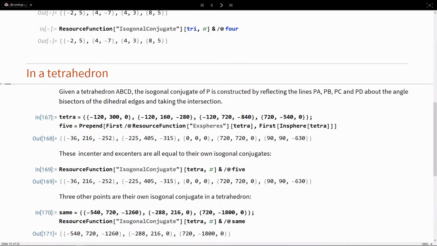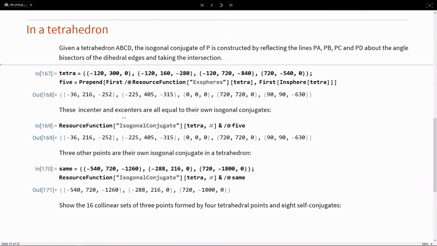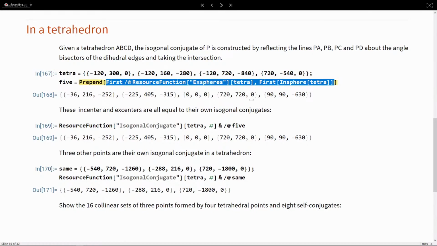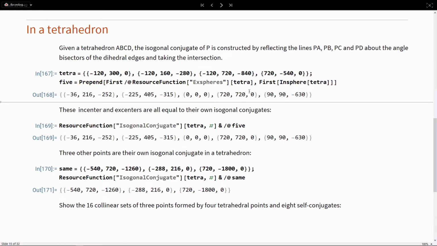In a tetrahedron, instead of reflecting by the angle bisectors, we're doing the angle bisectors of the dihedral edges. So there's actually 6 reflectors, but it happens that all 6 reflections will still intersect. And if we look at the X spheres and the N sphere, these 5 points are also still self-conjugate.